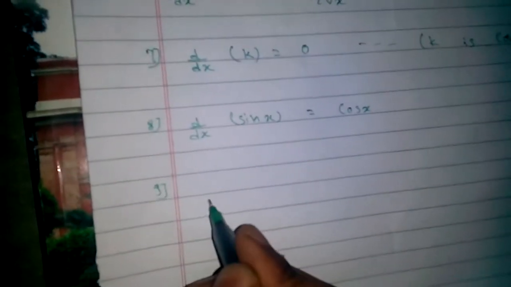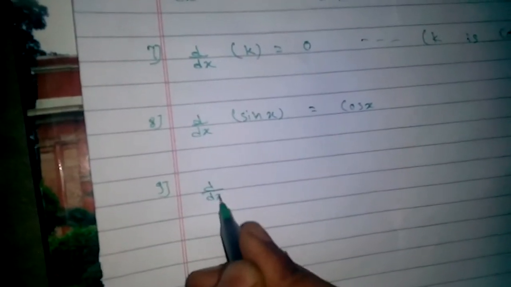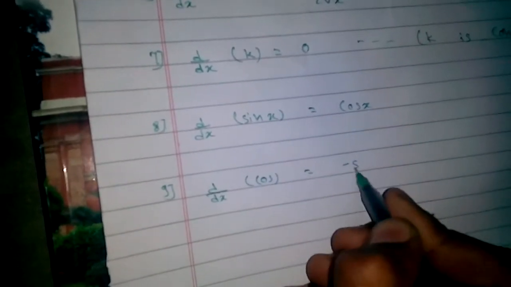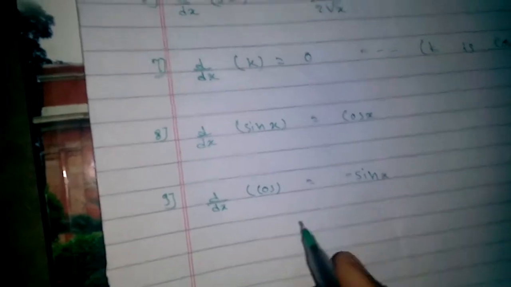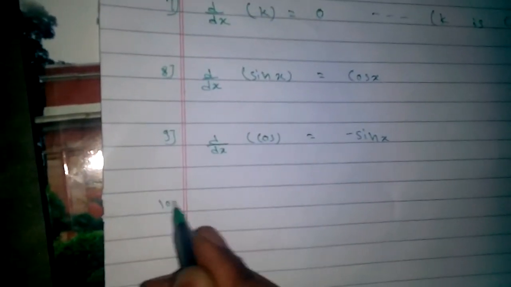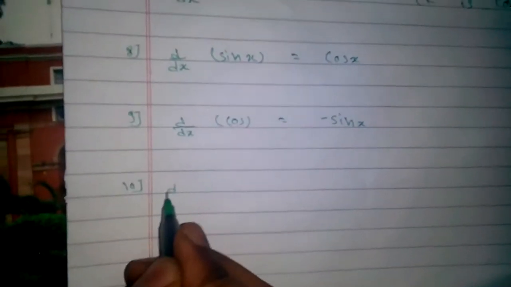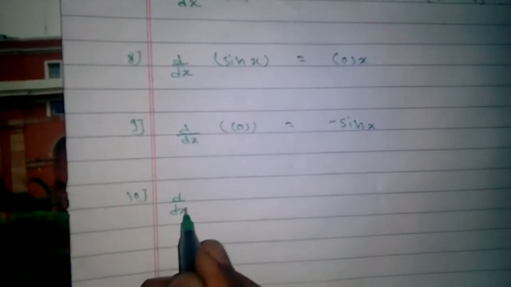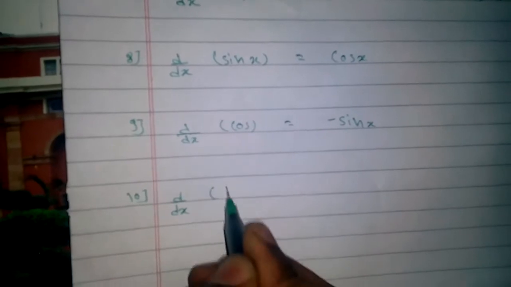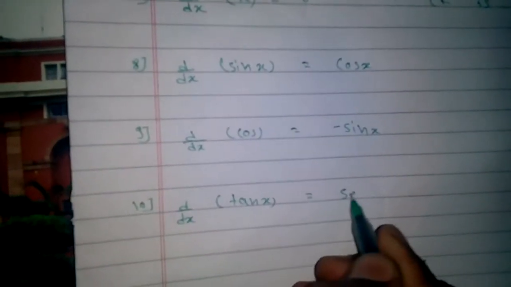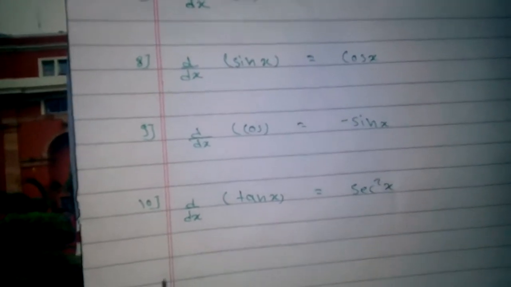Ninth number: the derivative of cos x is equal to minus sin x. Tenth number: the derivative of tan x is equal to sec square x.